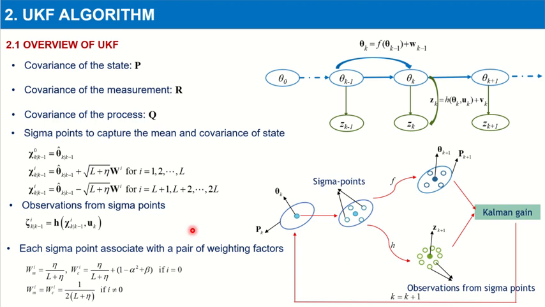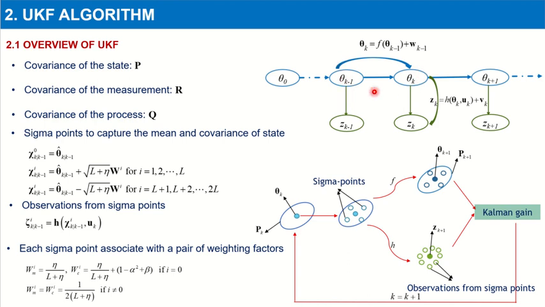Firstly, I will propose some definitions. The covariance matrix of the state is termed P. Covariance of the measurement is R. Covariance of the process is Q. At time k-1, we define the state theta, which consists of the unknown parameters to be estimated.